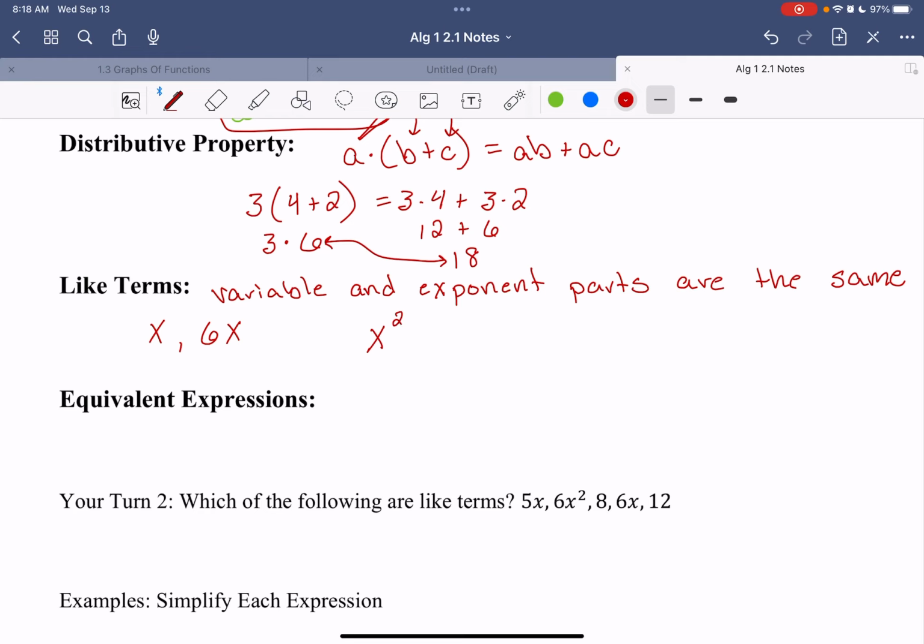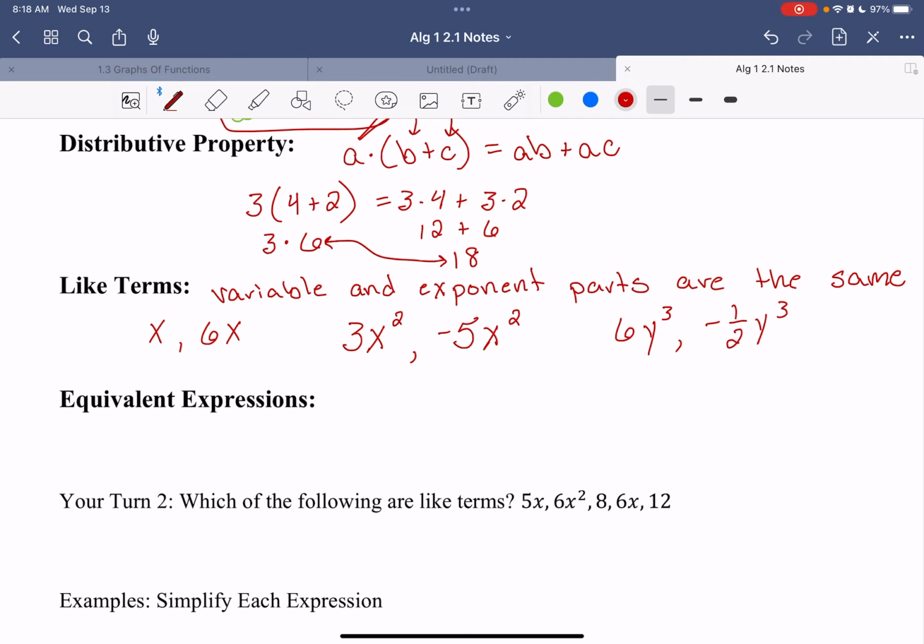Whereas x to the second, let's go 3x to the second, and negative 5x to the second are also alike because they're x to the seconds. 6y to the third and negative 1/2 y to the third are alike because they're both y to the third.